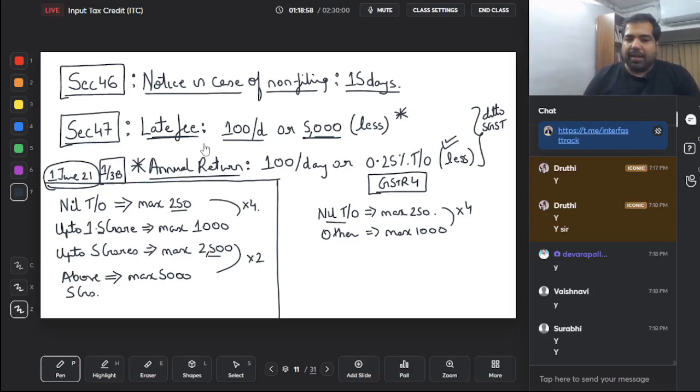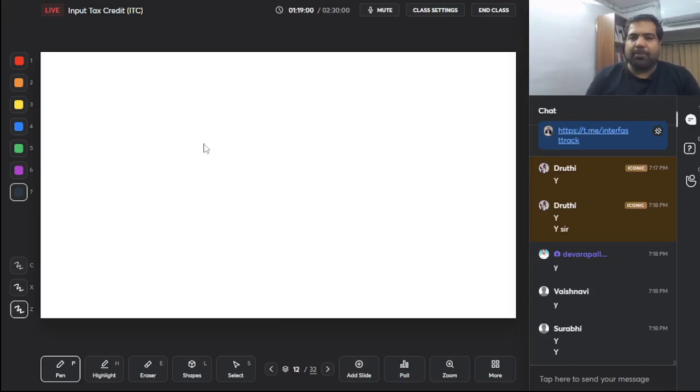And we come to the last section and this chapter gets over. Then we will look at the QuickBook module exam questions from this chapter. The last section guys. To file your GST returns, to register yourself, etc., there is a separate body of people called GST practitioners, which we call GSTP.